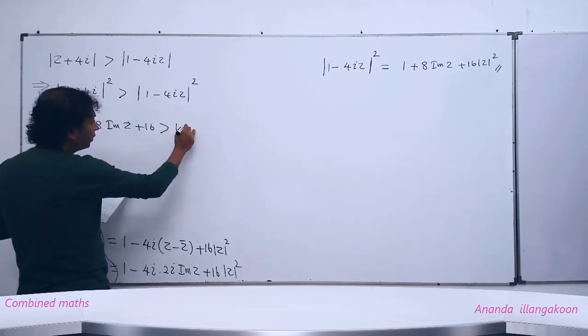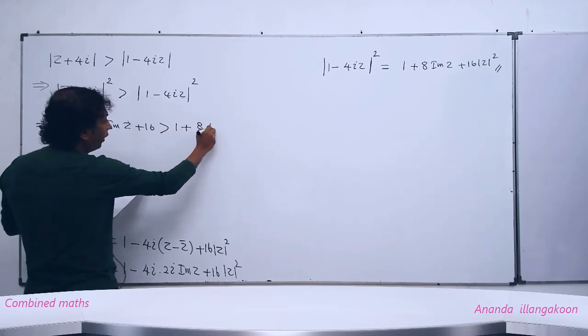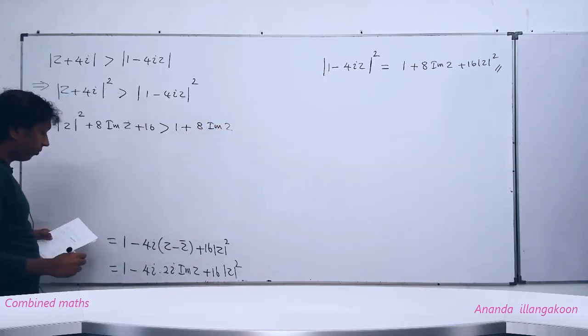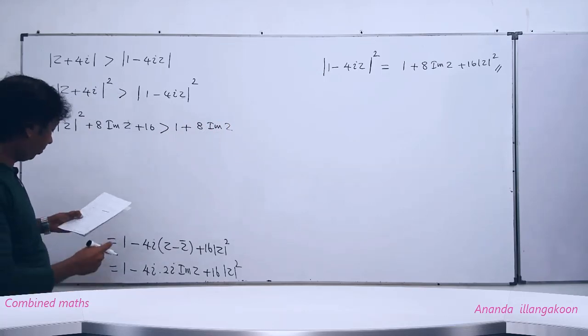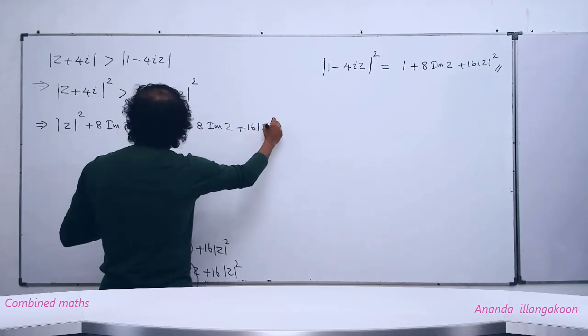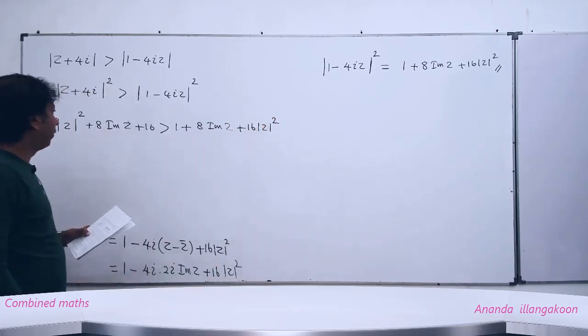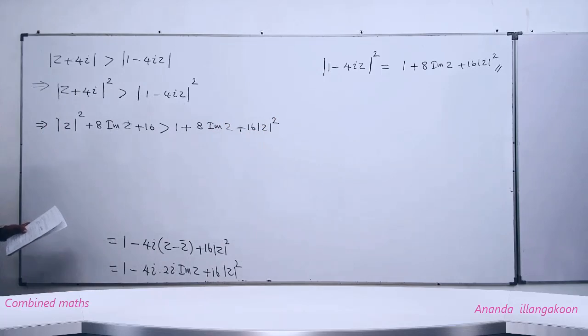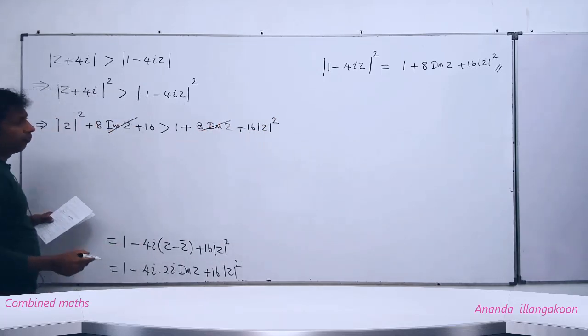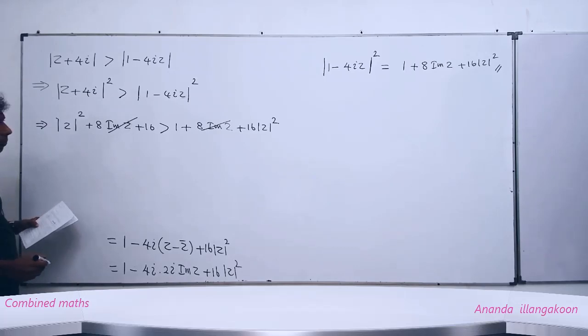It's 1 plus 8 Im z plus 16 mod z squared. Well, this 8 Im z and this 8 Im z you can cancel off.